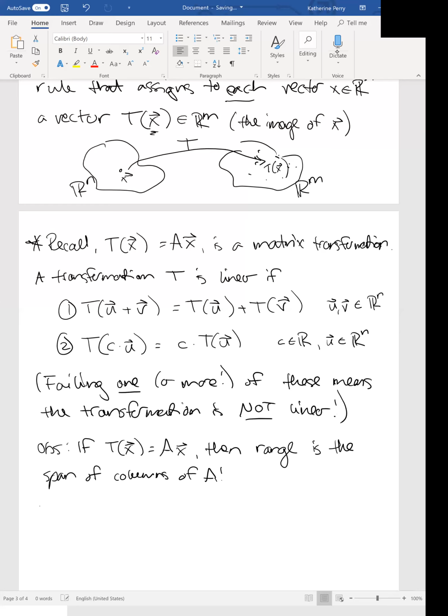And it will turn out, so this is where we'll pick up later this week, probably on Wednesday, the following theorem.